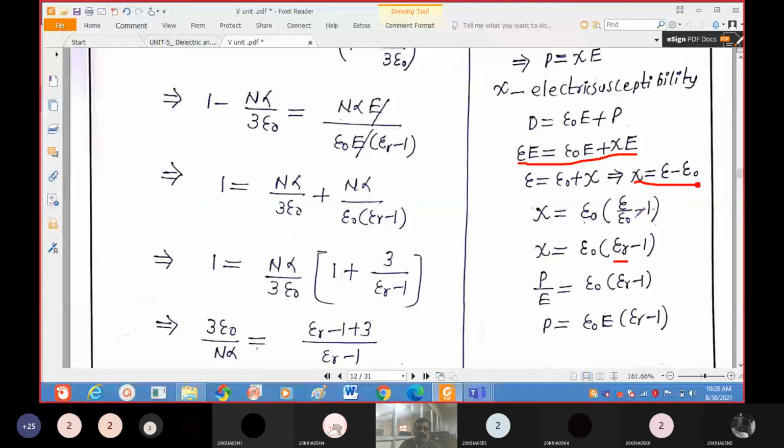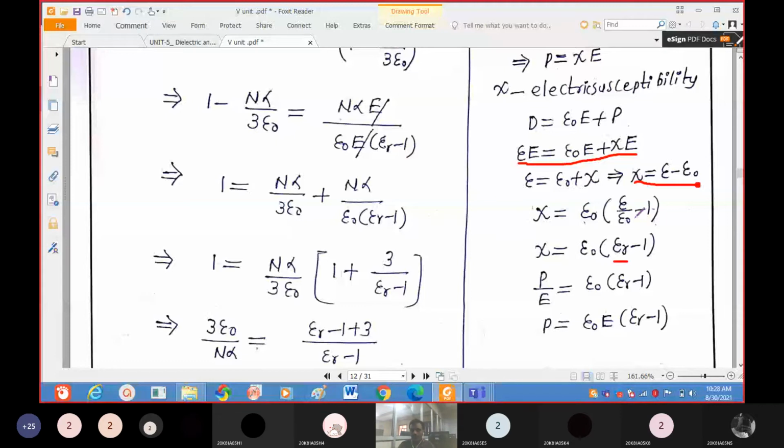And there is another relation, P is equal to epsilon naught E into epsilon r minus 1. How to calculate that? By using the displacement formula, displacement D is equal to epsilon naught E plus P. We already know that P is equal to chi into E. Substitute that P value in the above equation.